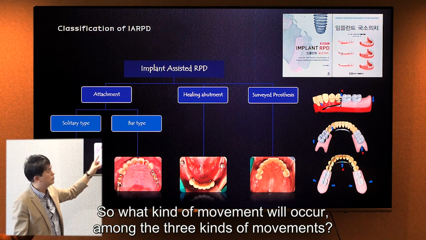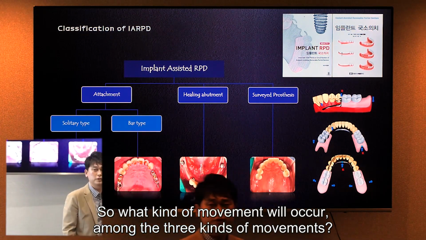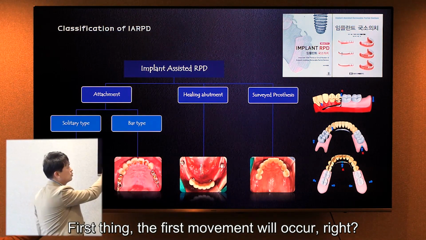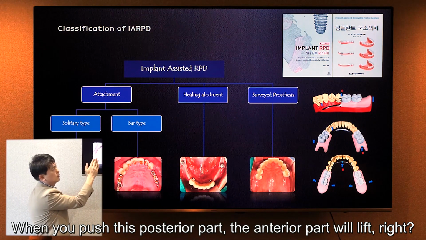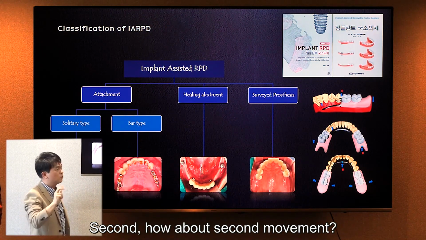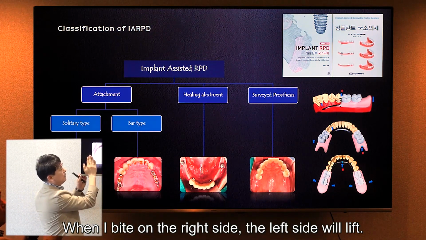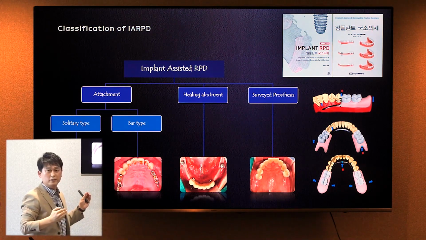So what kind of movement will occur among the three kinds of movement? The first movement will occur, right? When you push this posterior part, the anterior part will be lifted, right? And second, how about the second movement? When I bite the right side, the left side will be lifted, right?